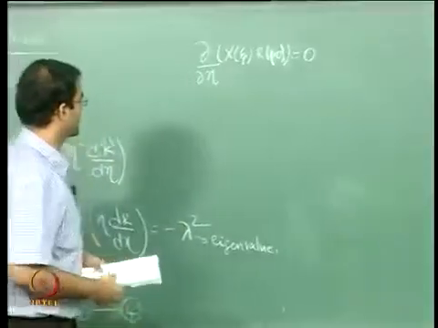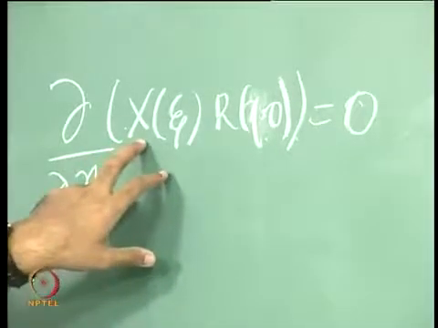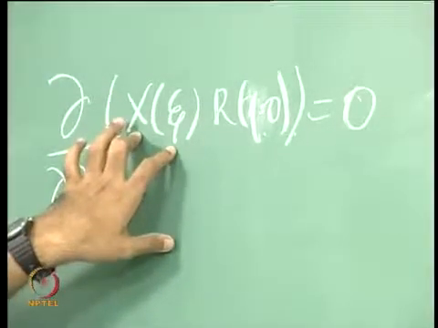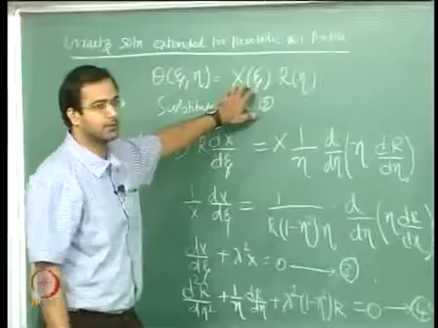So this can be 0 only if dX by d eta, if X is equal to 0, also this can become trivial, but the problem is if X equal to 0 there can be no solution.